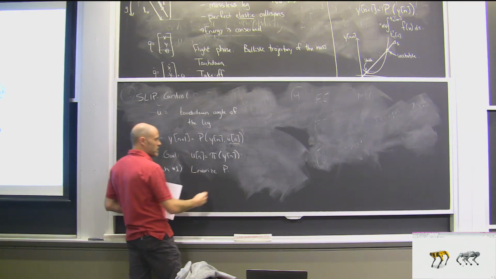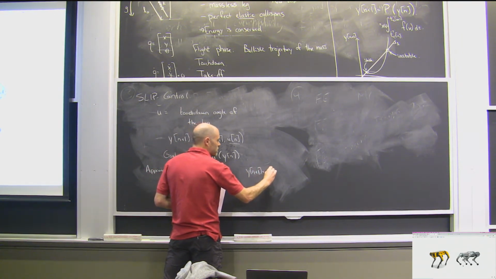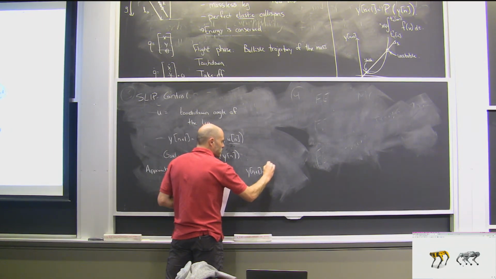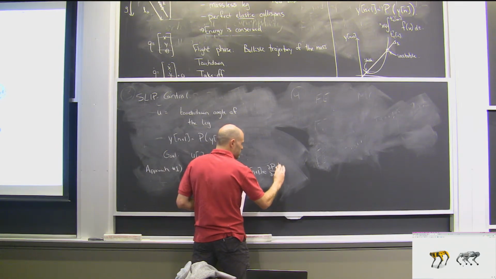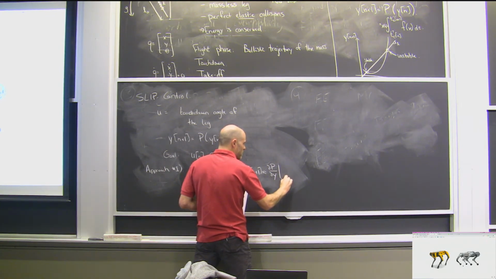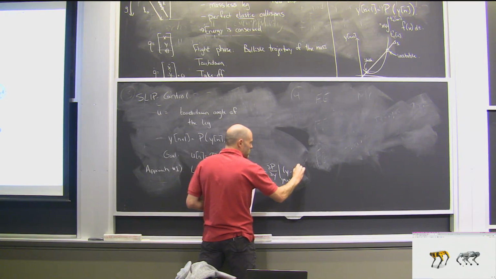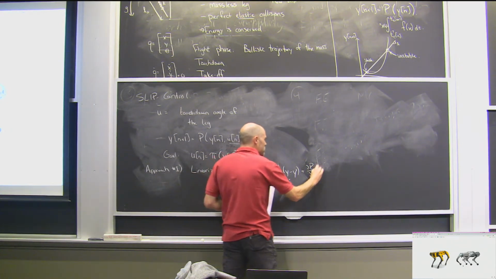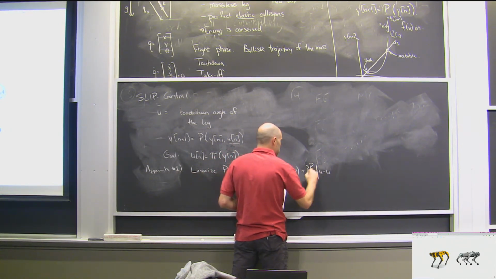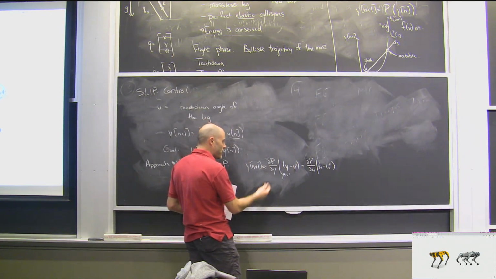So we could say that y_{n+1} is approximately equal to partial P partial y, evaluated at y star, u star, and do LQR.